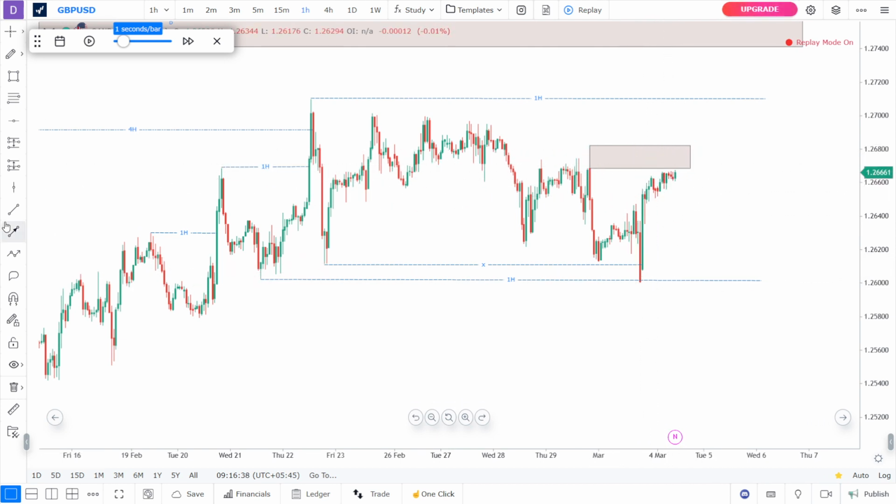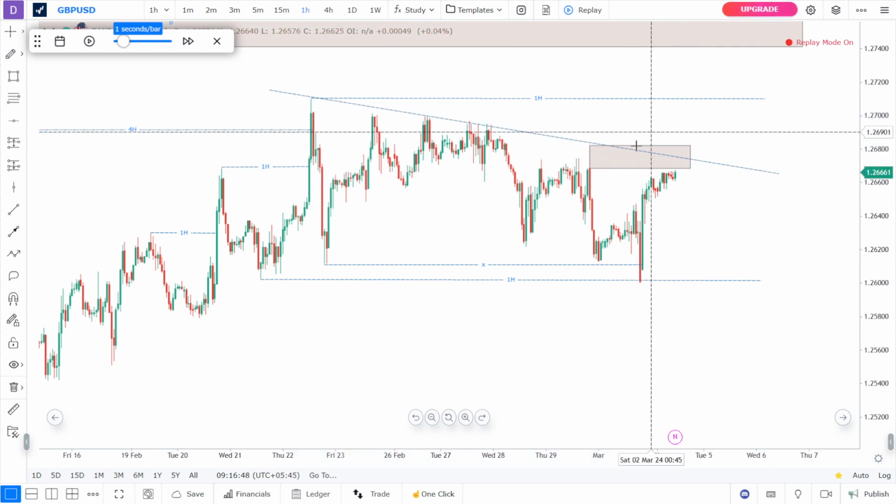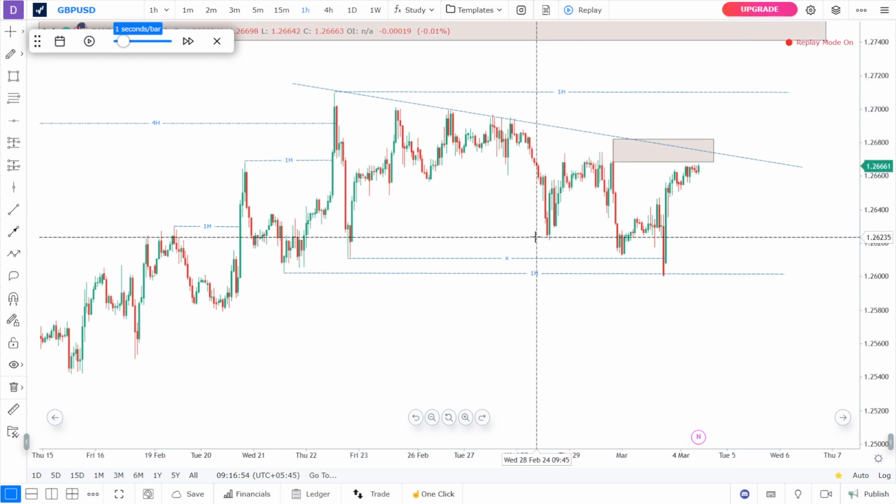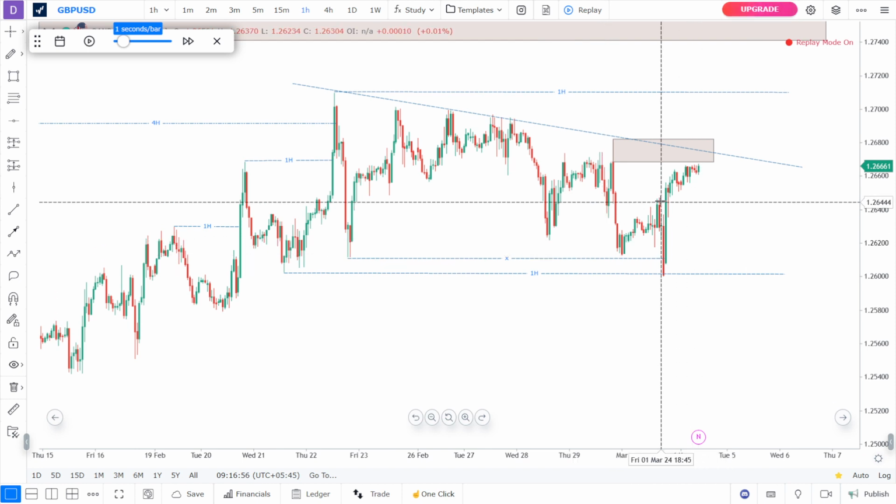So at this point of time, there are two possibilities in the market. First, the 1 hour is bullish, and there is lots of liquidity lying above this point, so the market can definitely take that out. Another thing is that this area is bearish, but since we are bullish it doesn't matter much.